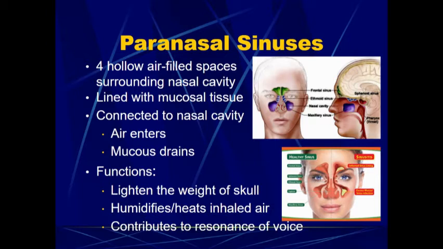The sinuses are lined with mucosal tissue, and it's continuous with the nasal cavity. So as air enters the nasal cavity, that air can also enter the sinuses. As mucus drains out of the sinuses, that mucus can then enter the nasal cavity as well.